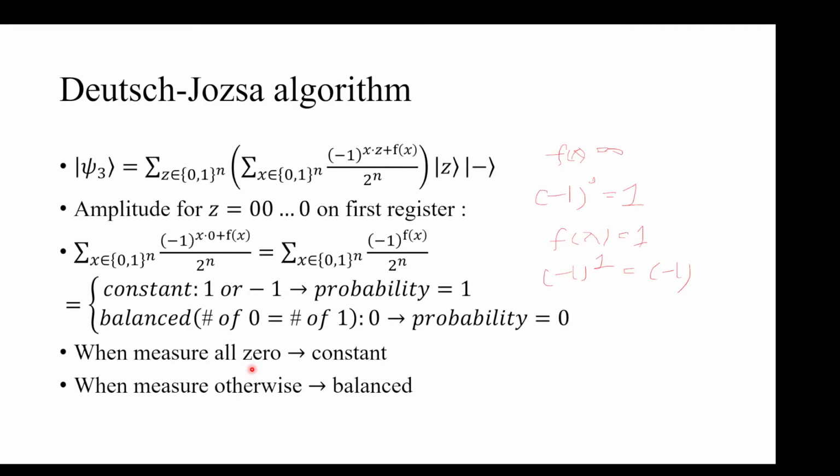We see this really interesting interference result: when you have constant input, the output will always be the all zero string, and when you have a balanced function, the output will never be the all zero string.